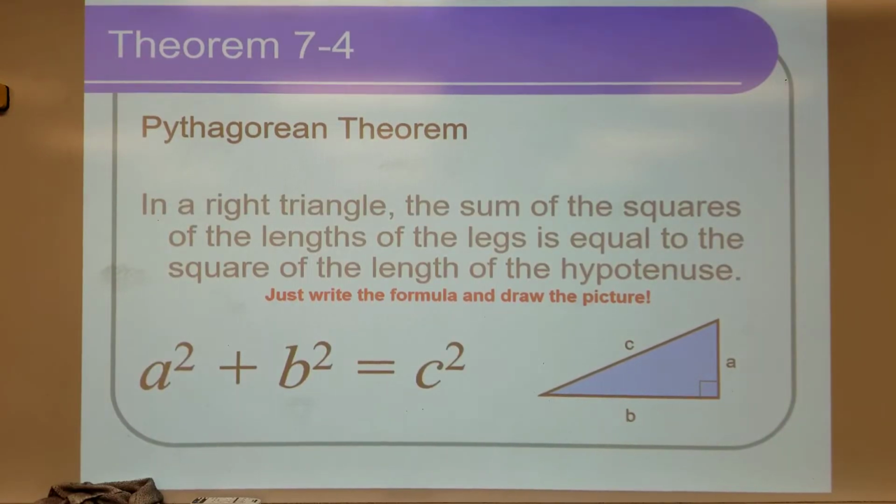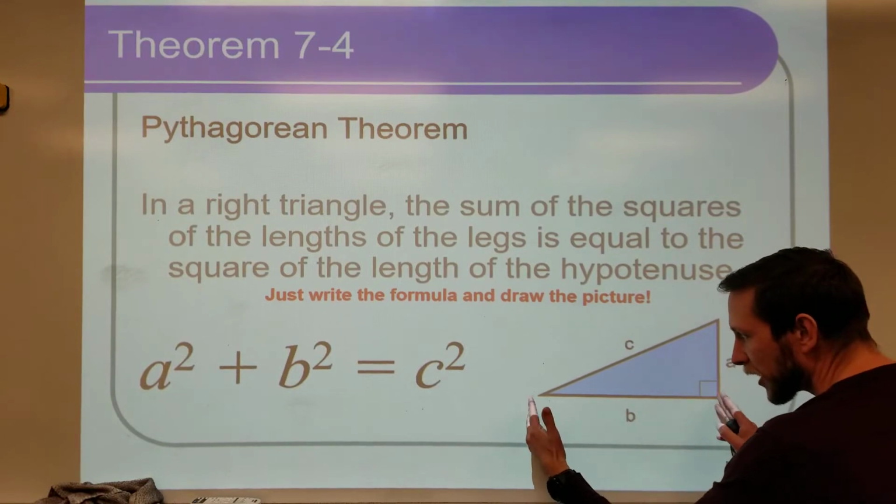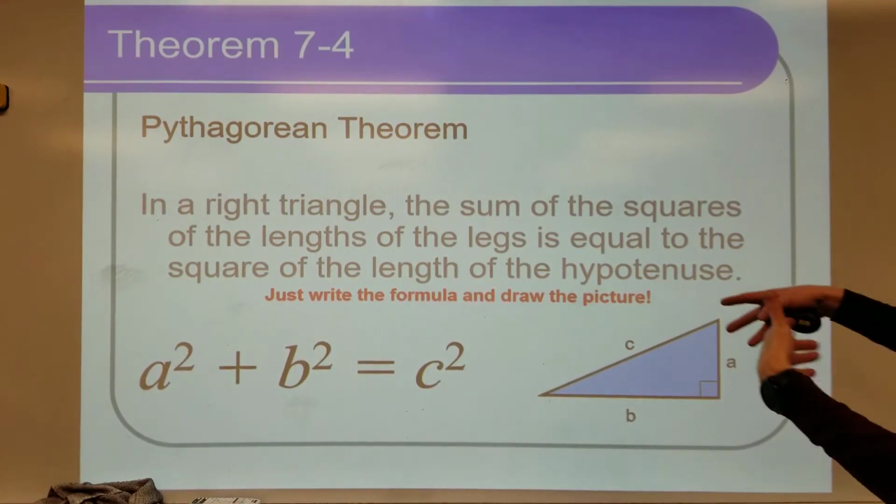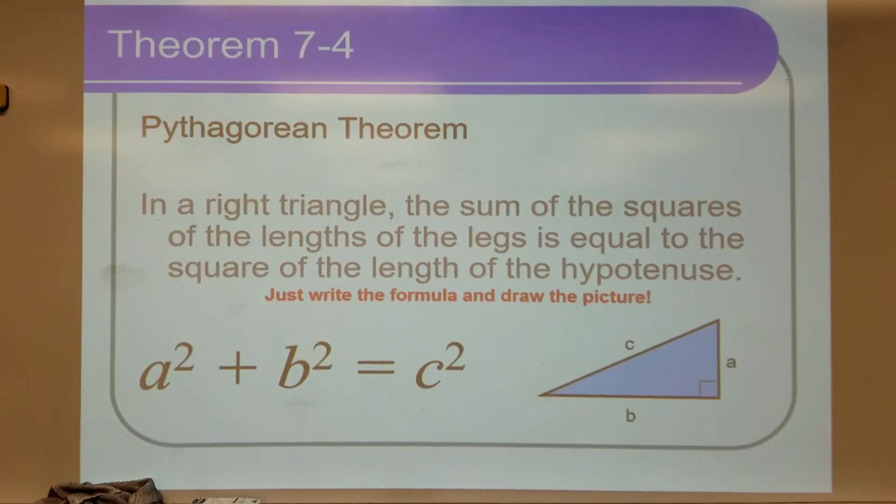You're all familiar with this notion that in a right triangle, the sum of the squares of the lengths of the legs is equal to the square of the length of the hypotenuse. So you're familiar with that concept of a squared plus b squared equals c squared. You've done a number of exercises in your Algebra 1 and pre-algebra classes, maybe even in some elementary arithmetic classes.